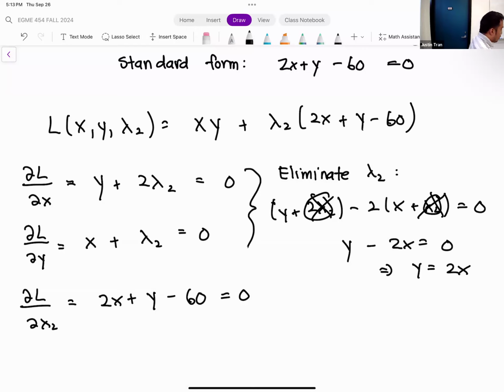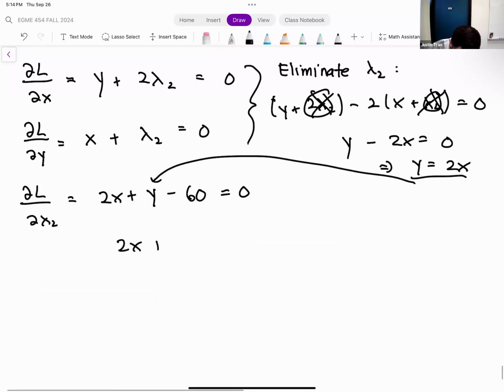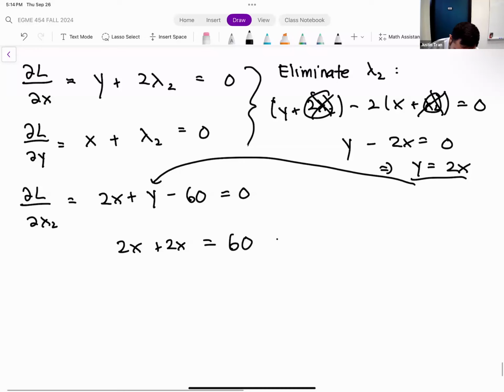Okay, so now that we have y is equal to 2x, let's plug that into our constraint. So we get 2x plus 2x equals 60. This gives us 4x is equal to 60, or in other words, x is equal to 15.